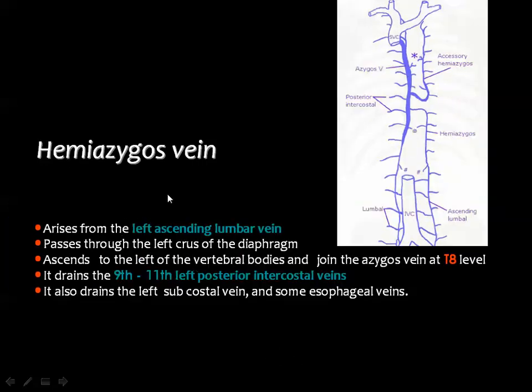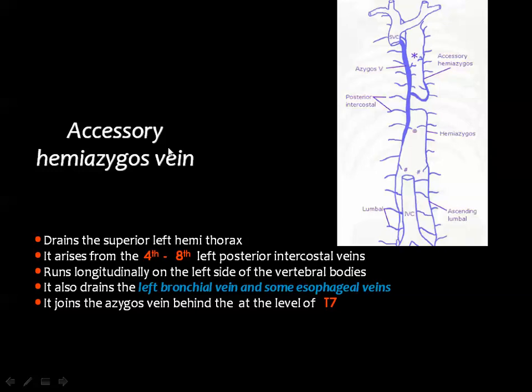The hemiazygous vein is made mainly by the left ascending lumbar vein and it drains the 9th to the 11th left posterior intercostal veins and it joins the azygous vein at the level of the dorsal vertebra number 8. The accessory hemiazygous vein drains the superior left hemithorax.